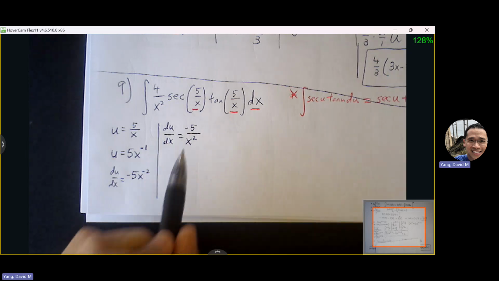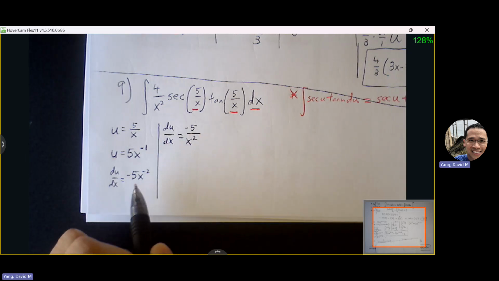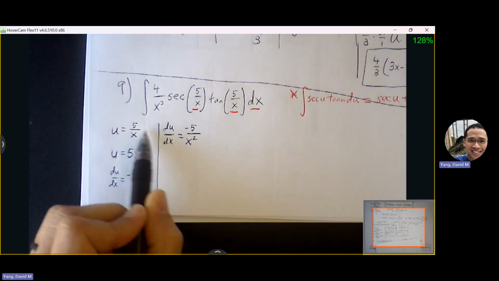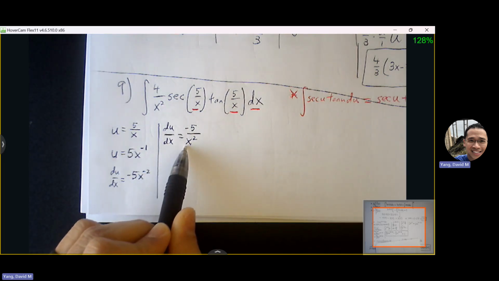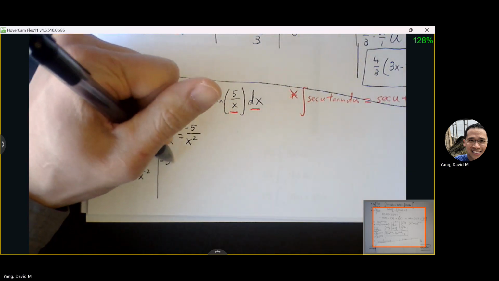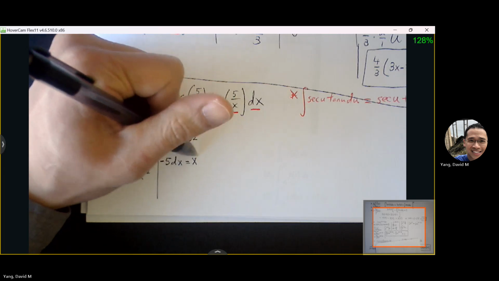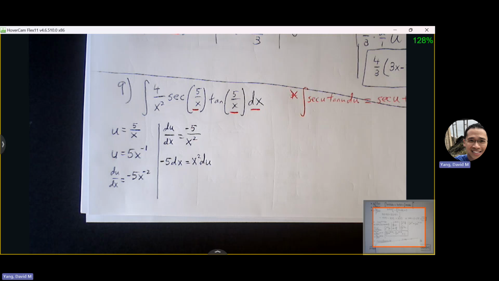I've just rewritten it so that I can have an easier time with my exponent. I'd rather not work with negative exponents if I don't have to. I kind of had to at the beginning just to get it ready for power rule. But once I get to my derivative, there's no need for me to hold on to that negative exponent. So I'm going to bring it down, cross multiply. Solve for dx.